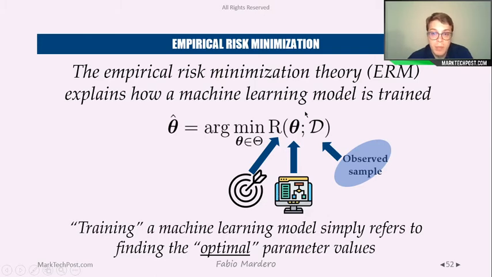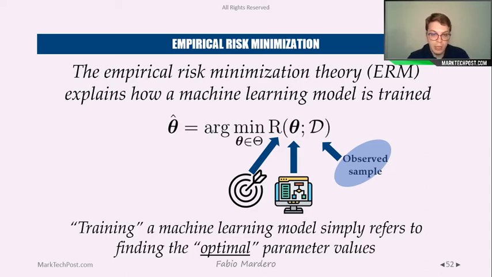It depends on the model, because we are computing the loss function between the model and its parameters, and the observed values of the target variable, and is also a function of the observed sample, the data, because the definition of risk function is a function of the observed sample.